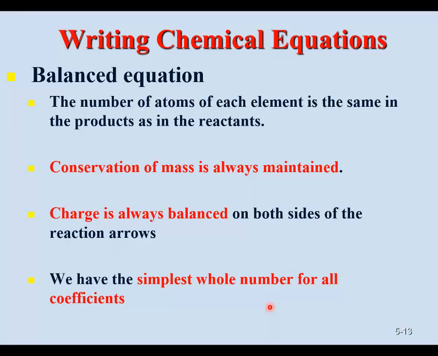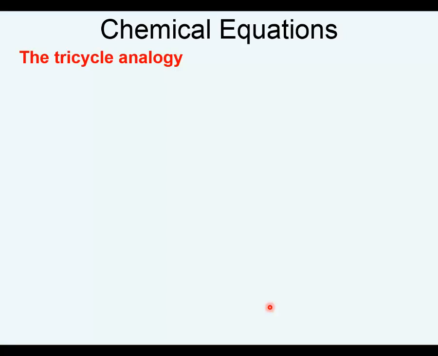Now, to help you all visualize balancing a chemical reaction, I thought we'd look at a fake reaction involving something maybe you all can visualize. If you imagine that somebody, maybe when you were a child, gave you a tricycle, let's think about the parts of a tricycle and relate that to atoms that you might have in a chemical reaction.